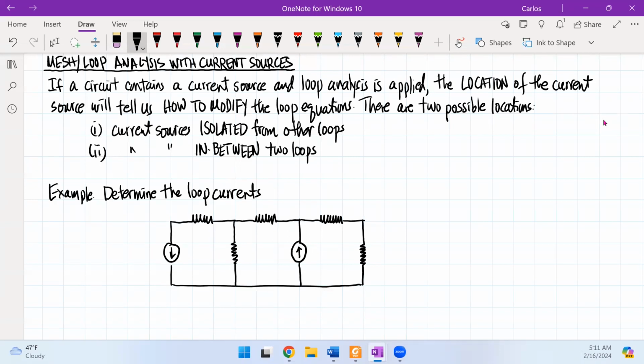And let's give values to these. I'll call this 10 milliamps. This one will be 20 milliamps. And then I have these resistors.